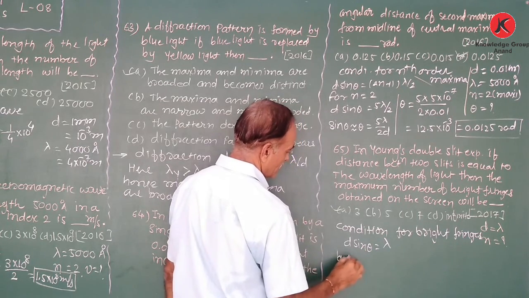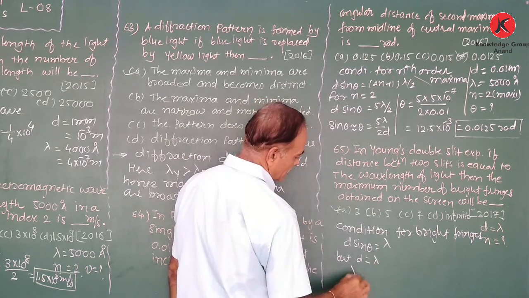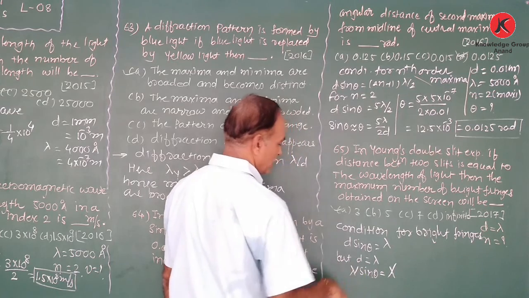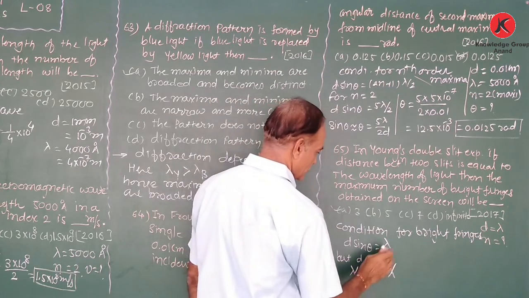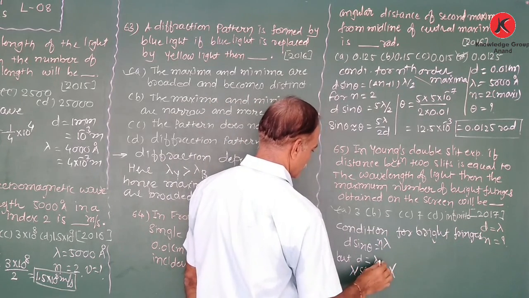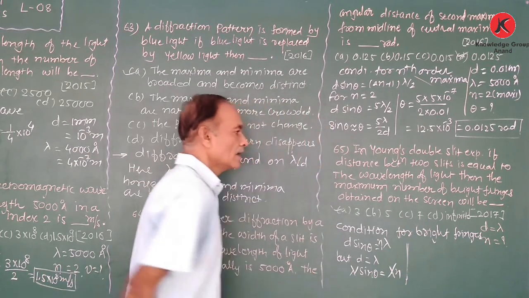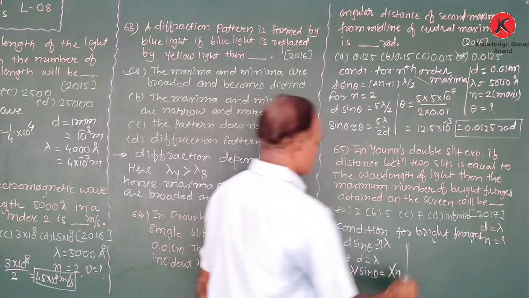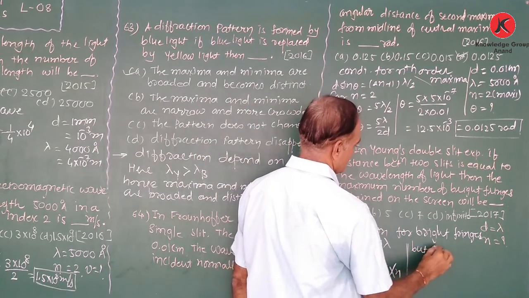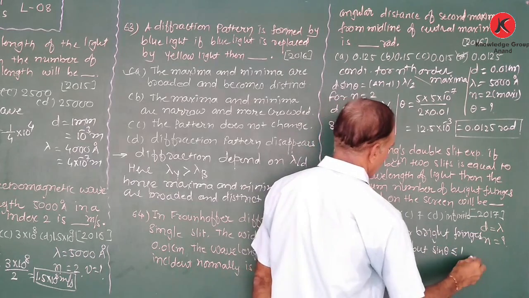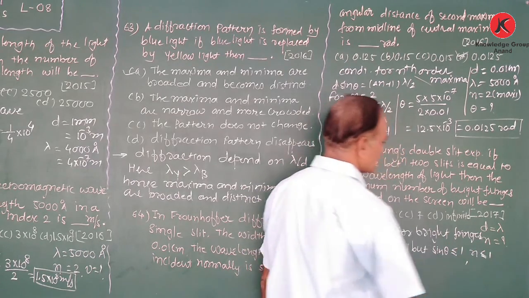But here d is given as lambda. Therefore, lambda sin theta is equal to n lambda. Lambda cancels, so sin theta is equal to n. Now we know that sin theta is less than or equal to 1, and hence n is also less than or equal to 1.